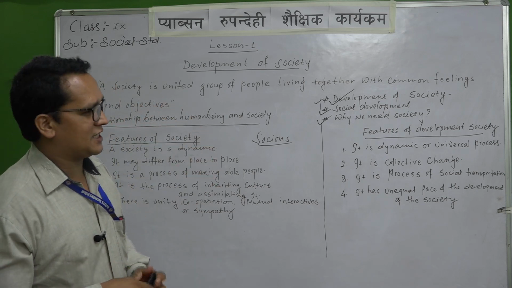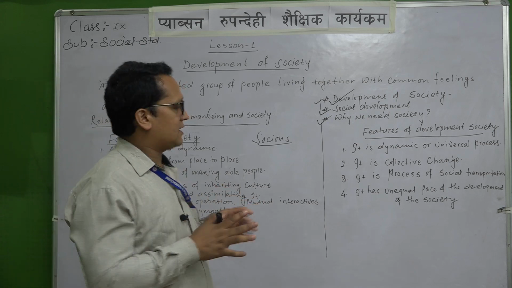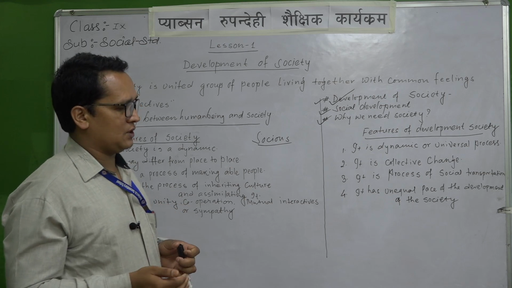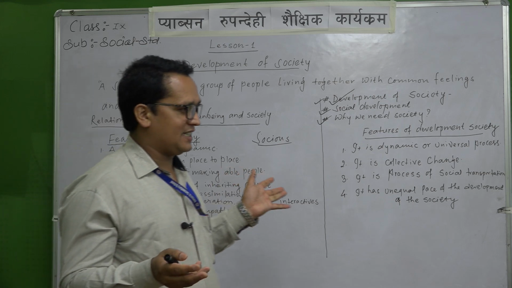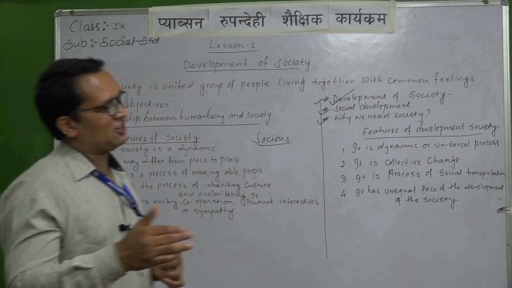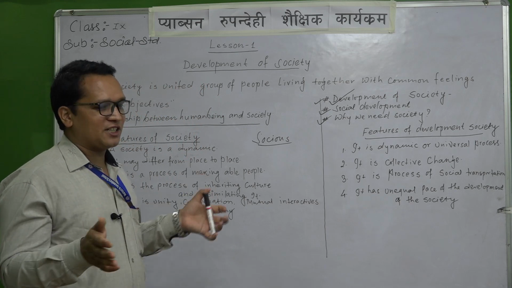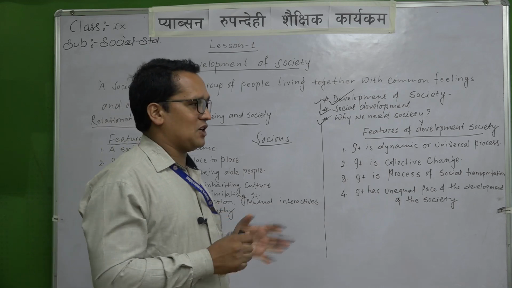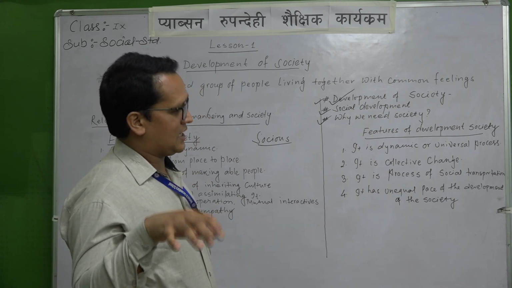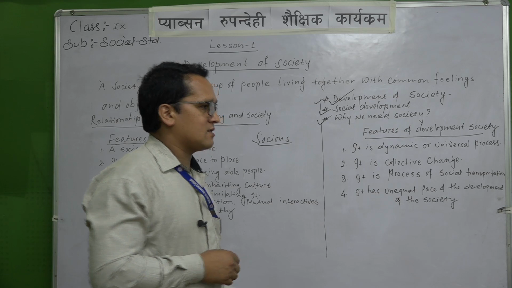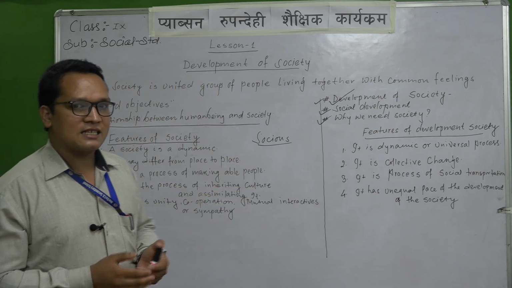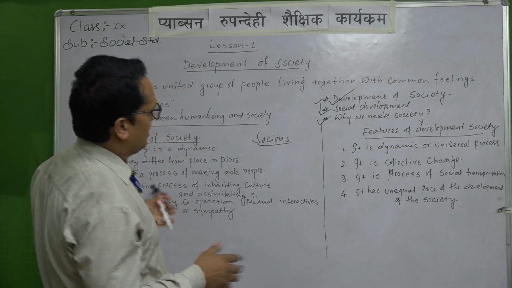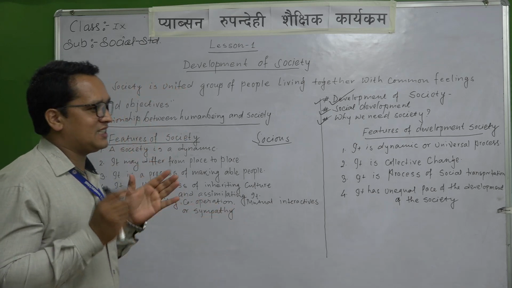I have given the example, as well as that the process is continuous, uncivilized to civilized. Okay, and why we need society? For security, not only from theft, robbery, and so on, but for our feelings, for our objectives also. Society is securing us, and some features: it is dynamic, it is collective change, process of social transportation, and unequal pace. All we discussed.